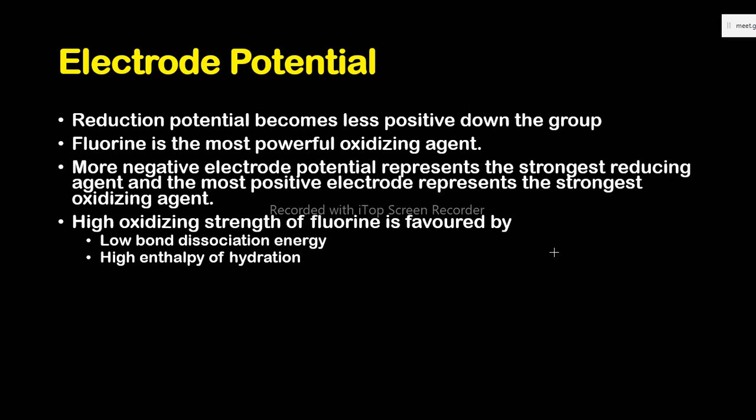When these small atoms with a high charge density get surrounded by water molecules, as those who attended our thermochemistry lessons know, too much energy is released when the water molecules have successfully surrounded these ions.